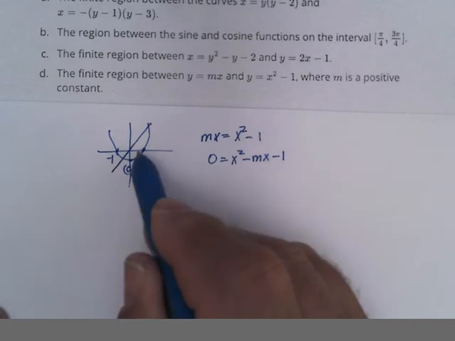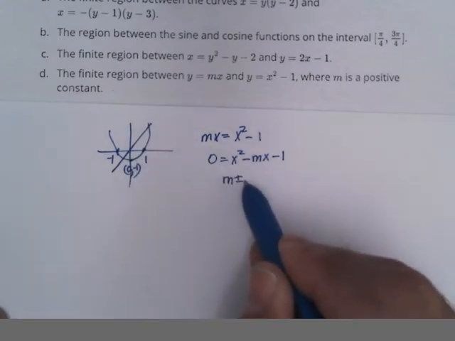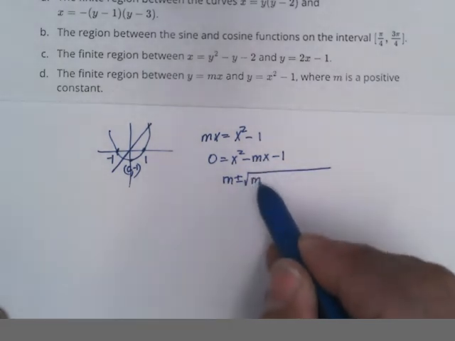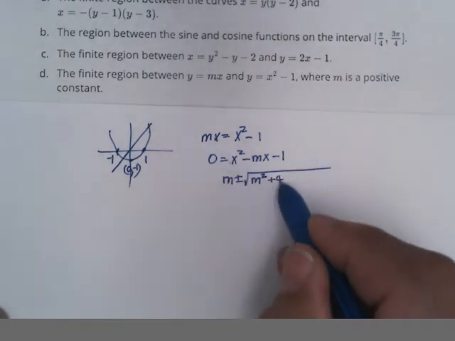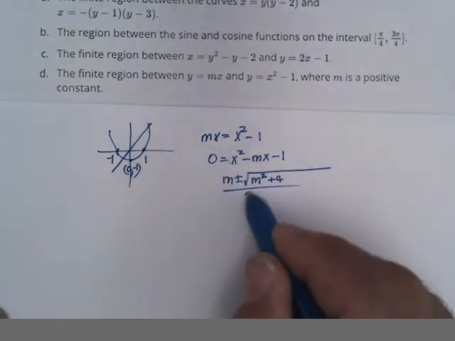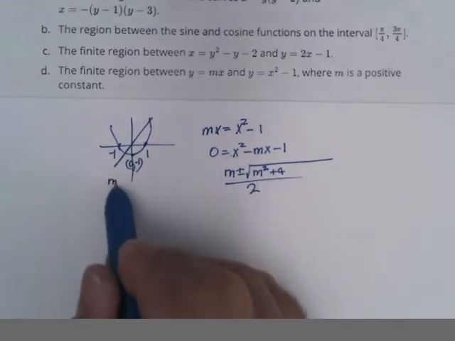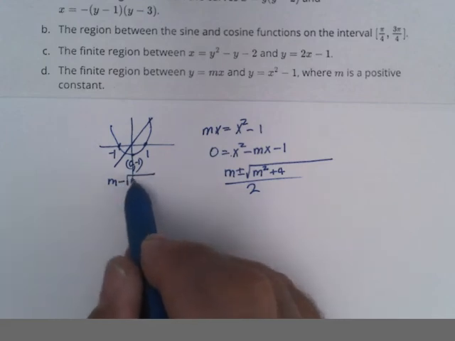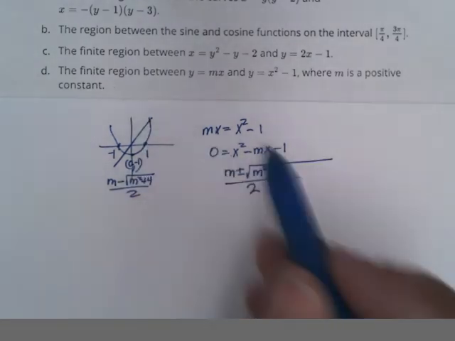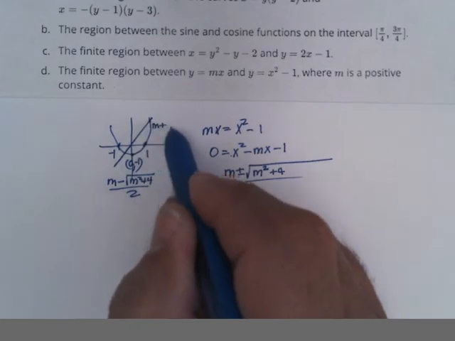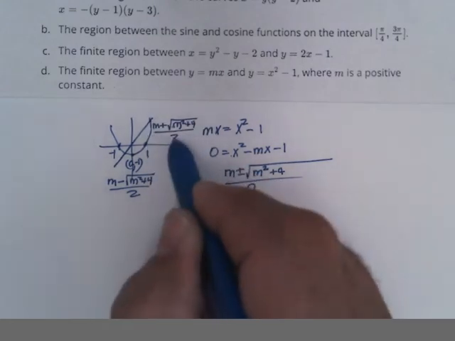And so we're going to get the intersections to be the opposite of b, plus or minus the square root of b squared, minus 4 times 1 times minus 1 is plus 4, all over 2a. So they intersect at m minus the square root of m squared plus 4 over 2, and at m plus the square root of m squared plus 4 all over 2.